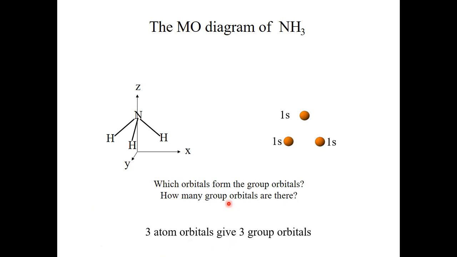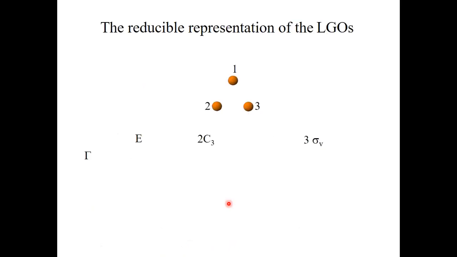So in the next step, we would then need to determine the symmetry types of our ligand group orbitals. And again, we can do this using the orbital swapping method that will help us to determine the reducible representation, from which we can then determine the irreducible representations. So we have to go through the symmetry operations step by step.